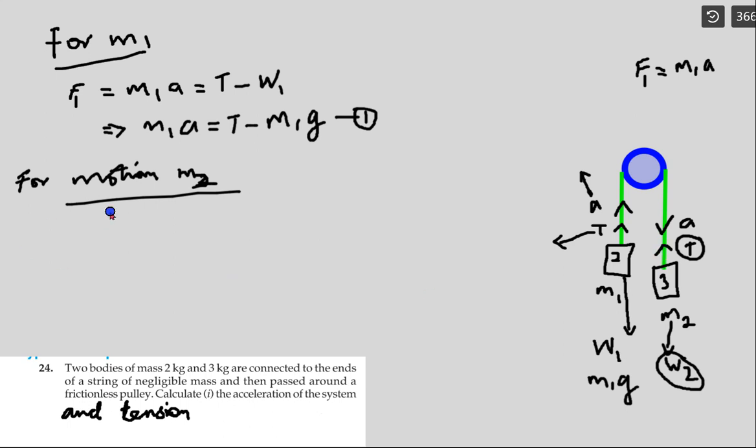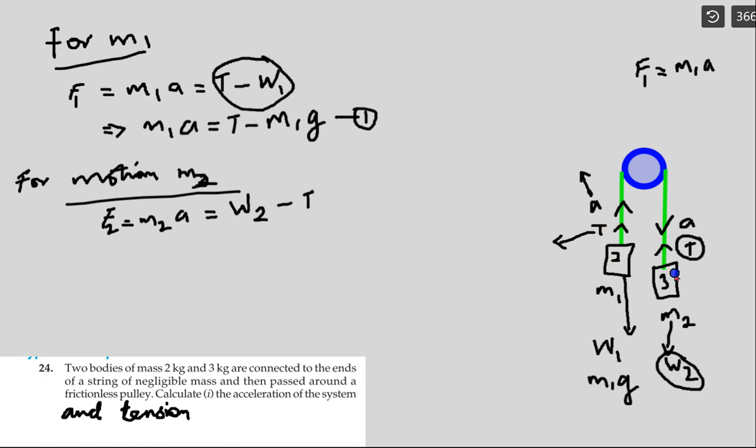So F2 will be M2 A equals weight minus tension. In the previous case, tension was greater than weight, so the body moved along the tension, upward.